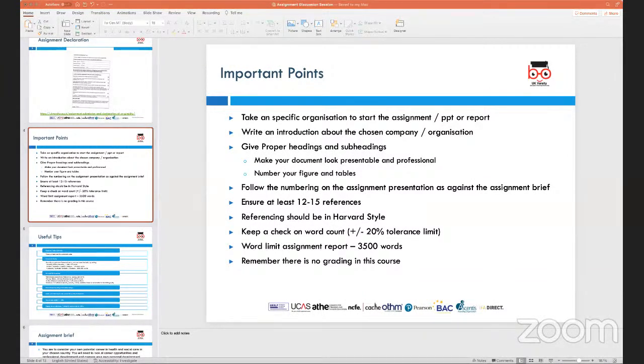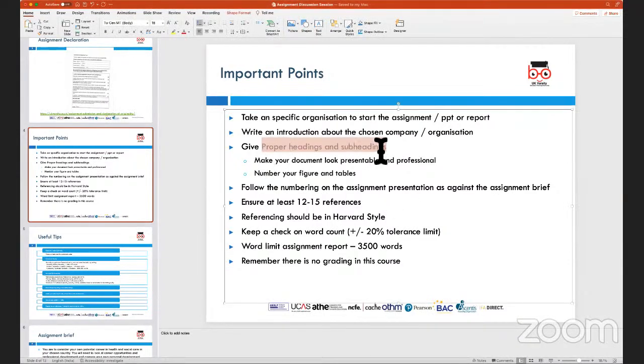One of the most important things which allows an assessor to mark your assignments quickly and without any problems is that you write proper headings and subheadings. So when you start doing the assignment, my suggestion would be that you copy and paste the tasks which are given on the Word document, and then underneath that present your assessment. This is important because it allows us to clearly see that you are addressing all the tasks.